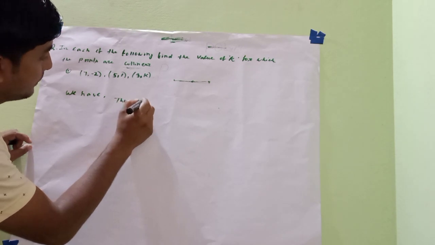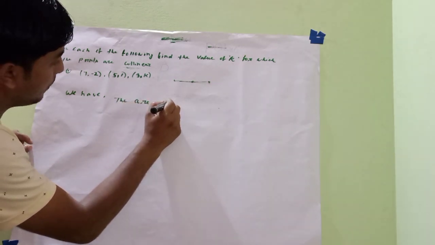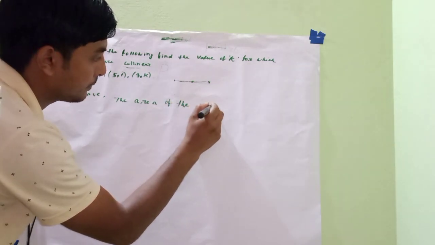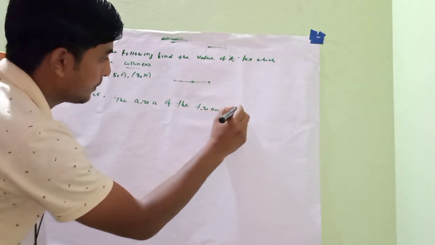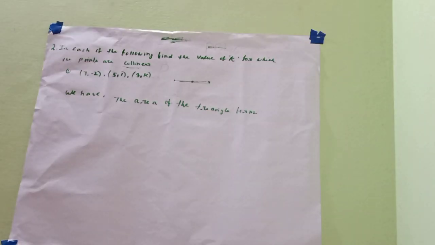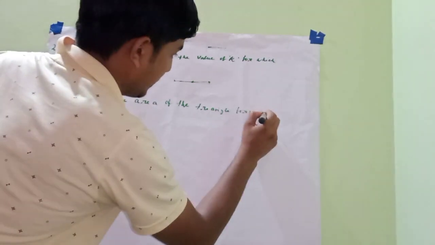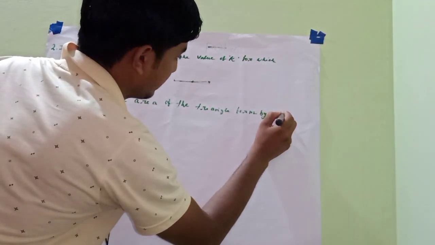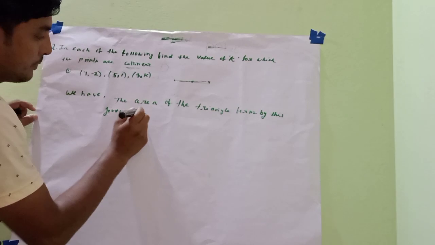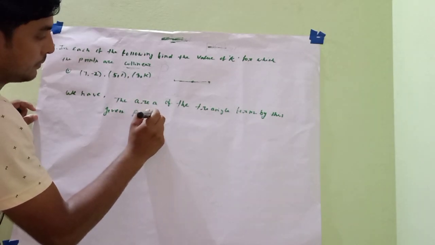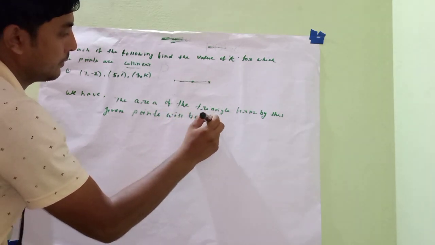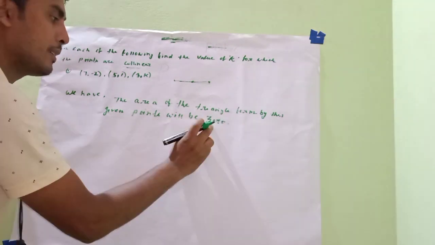So, the area of the triangle formed by these given points will be 0.